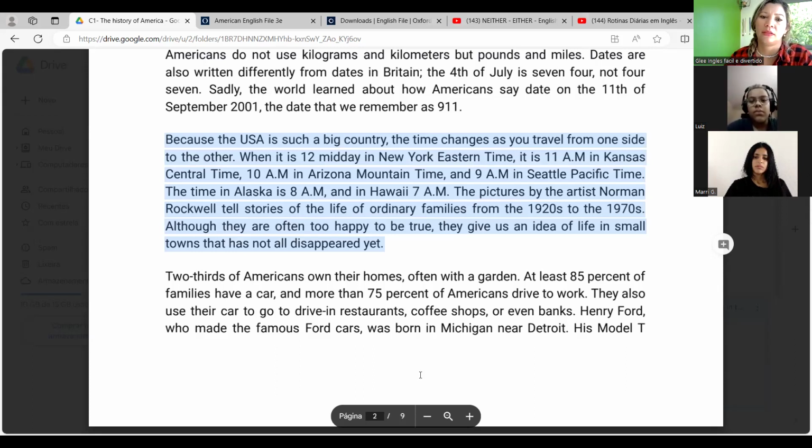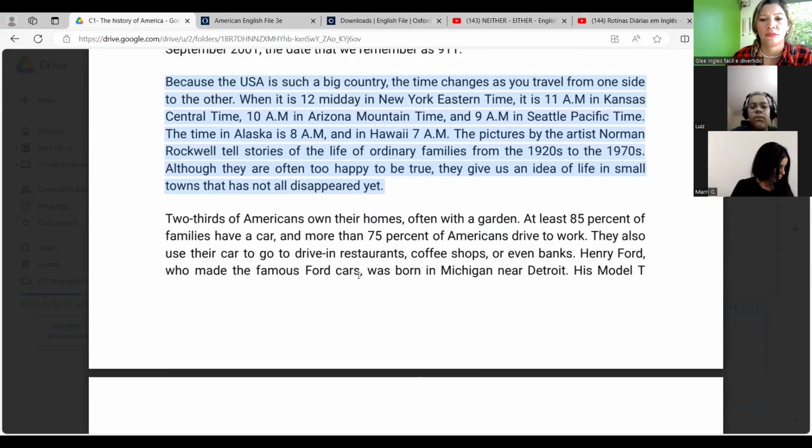And the time in Alaska is 8 a.m. and in Hawaii, 7 a.m. The pictures by the artist Norman Rockwell tell stories of the life of ordinary families from the 1920s to the 1970s. Although they are often too happy to be true, they give us an idea of life in small towns that has not all disappeared yet.